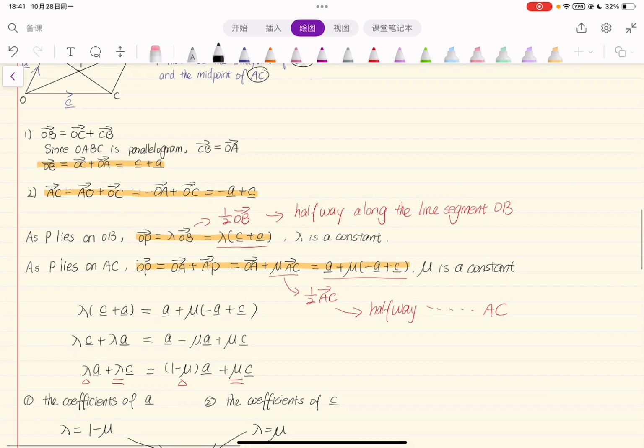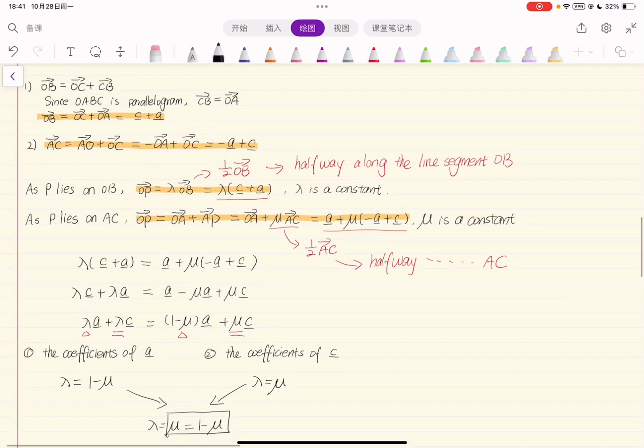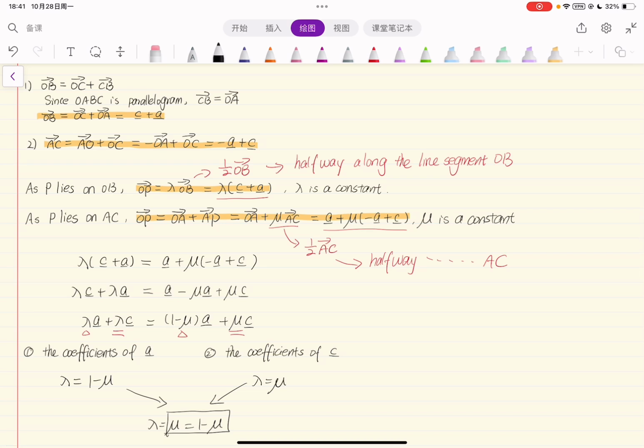Afterwards, we have two different expressions of the vector OB. Then we can compare the coefficients of the vector A and the vector C to get the values of lambda and mu, which represent the ratio along the line segments OB and AC.